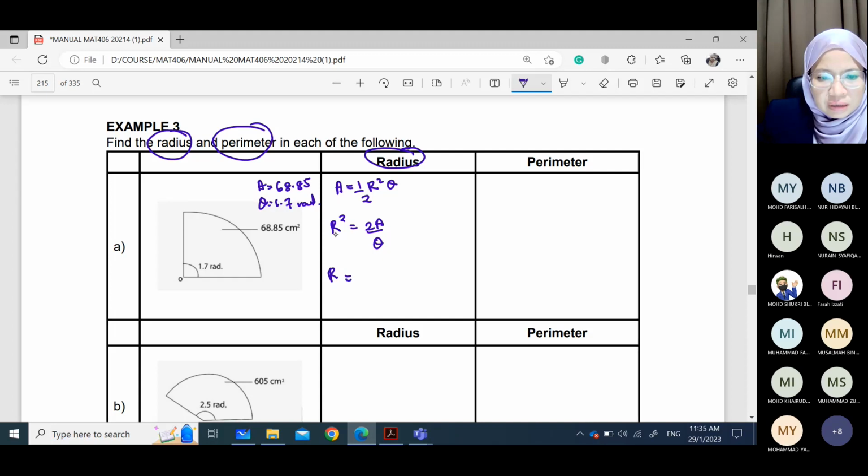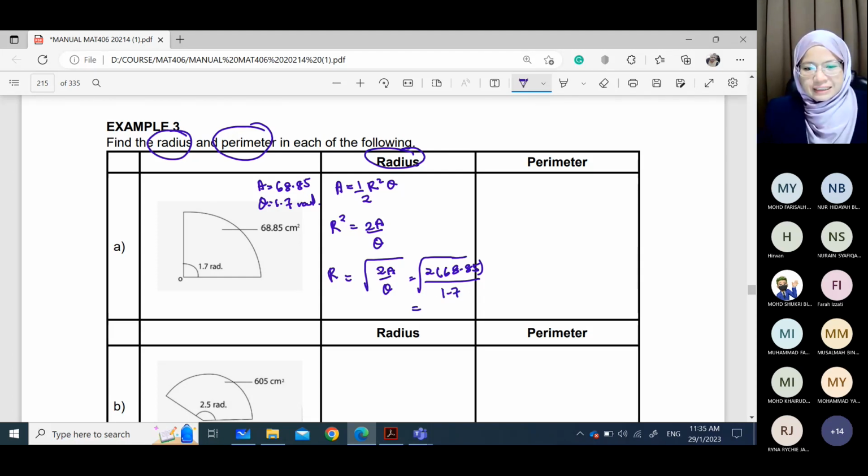Pindah yang ini kuasa, so ke sebelah dia akan jadi punca kuasa 2, 2A over theta. So kita cari radius dia. So 2 times A, 68.85 over theta. Theta is 1.7. Okay, apa nilai dia?